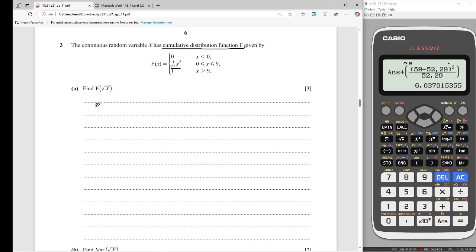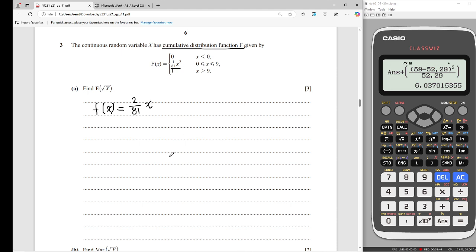Whenever we find the PDF, we note that the PDF is represented as the lowercase f, and this is equal to the derivative of this. How do we differentiate this? Well, it's going to be 2 times 1 by 81, and our exponent decreases by 1, so it's going to be 2 by 81 multiplied by x.